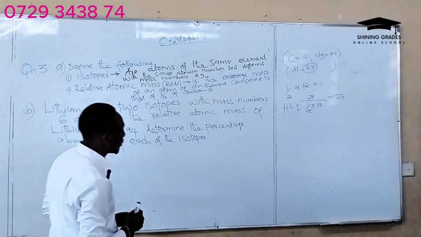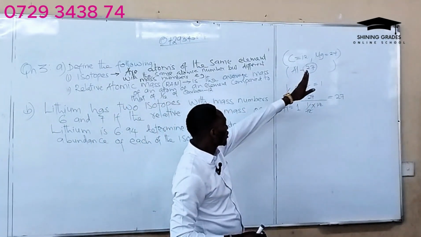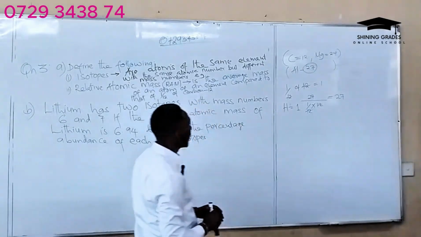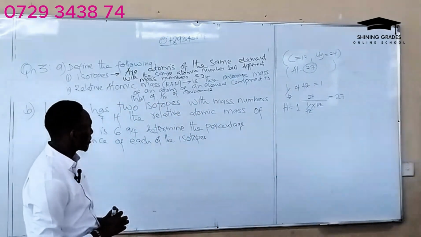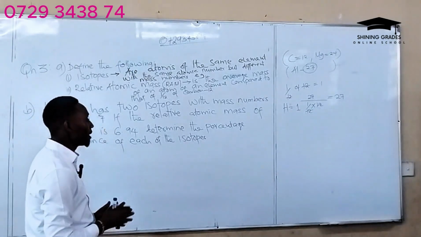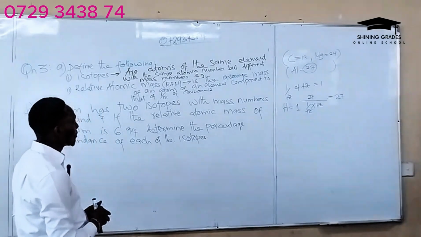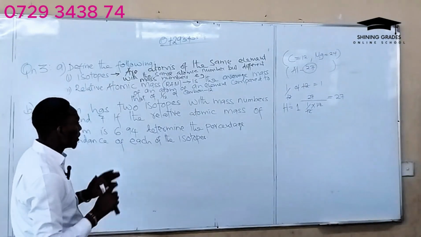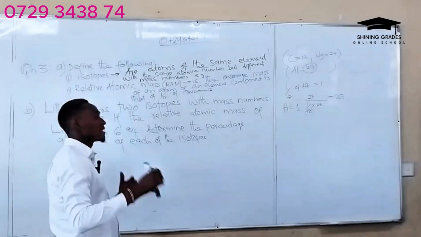So for carbon, the same was done, magnesium, the same was done, and all other elements. That's how their masses were determined. So it is a relative mass, and when we are working out relative atomic mass, we do not include the units because it's mass that is relative.